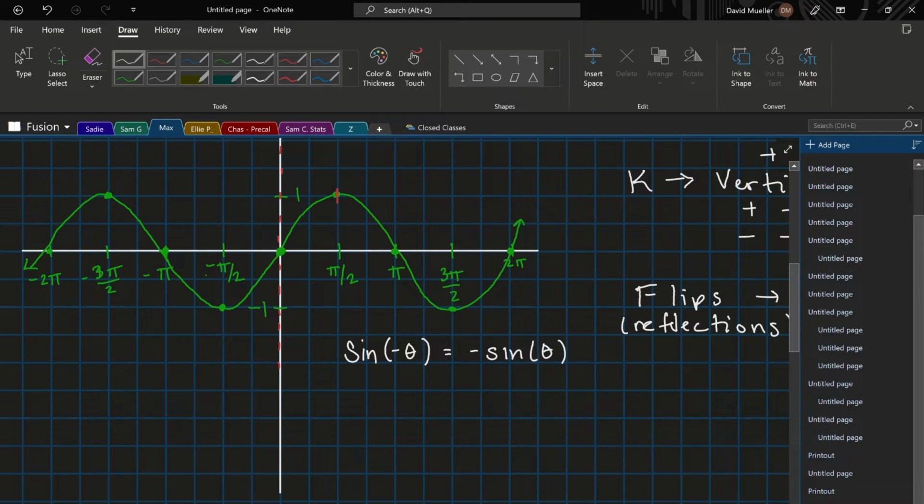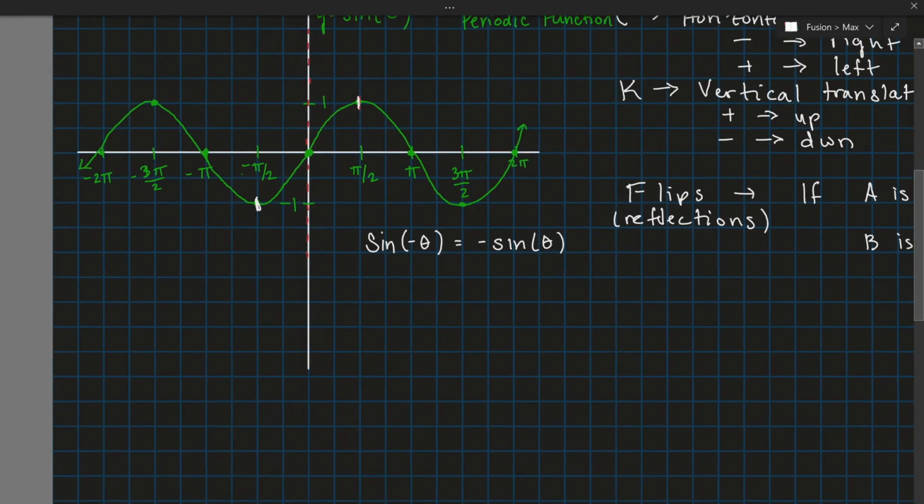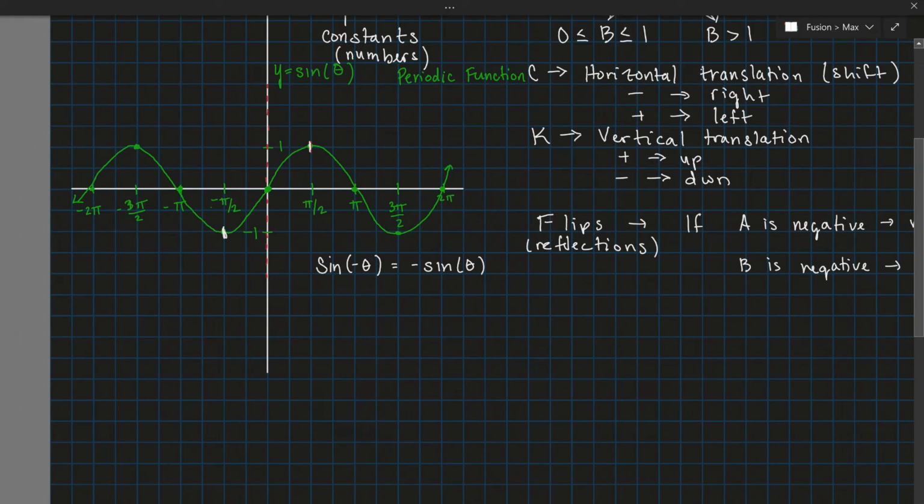So if we plug in a negative angle, it's equal to the negative function value of the positive angle. Negative 1 at negative pi over 2. Negative that. Negative negative 1 is positive, so that's equal to what it's at pi over 2. I said that very weirdly. I'm sorry. But yeah, so that's the basic sine function. Okay.